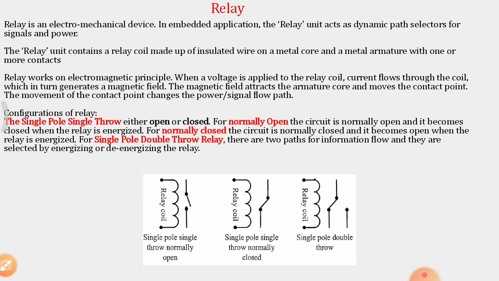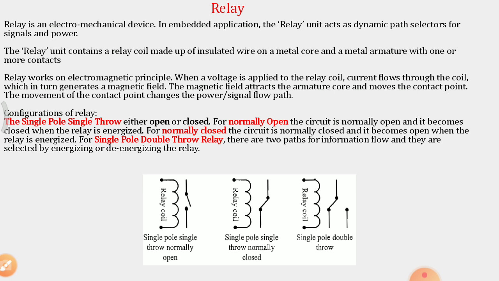Basically it is configured in three types: single pole, single throw, normally open; single pole, single throw, normally closed; and single pole, double throw. For single pole, single throw, normally open, the circuit is always open. It becomes closed only when the relay is energized, only when we supply a voltage to the coil.